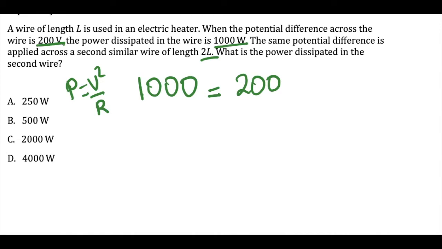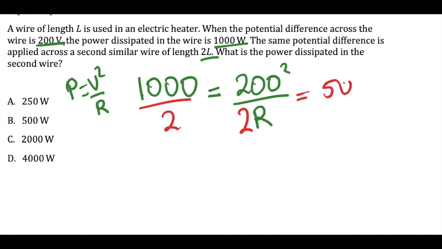So I write an expression for the first case. 1000 is 200 squared over length L, which would be resistance R. When you increase the length to 2L, this is going to be 2R. So we're multiplying the R by 2, basically dividing the whole thing by 2, which is going to be 500 watts. So our answer is B.